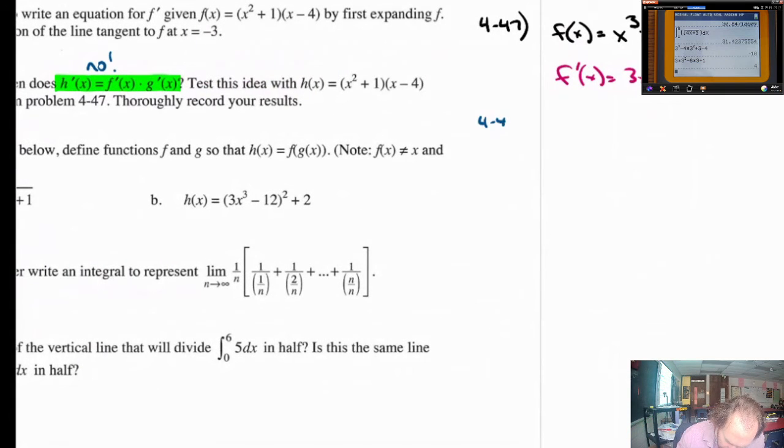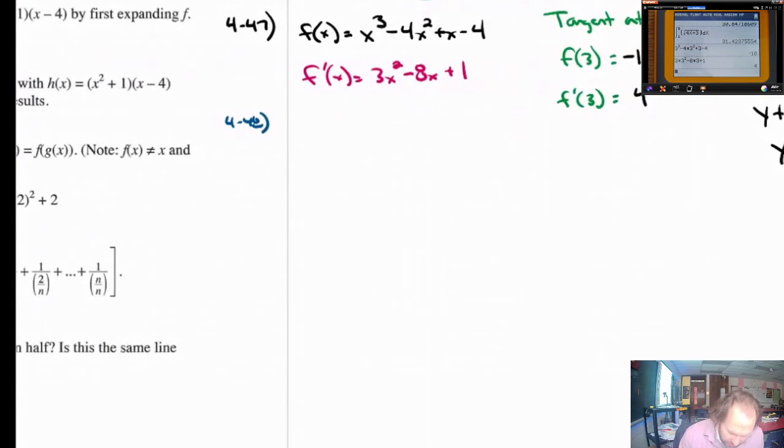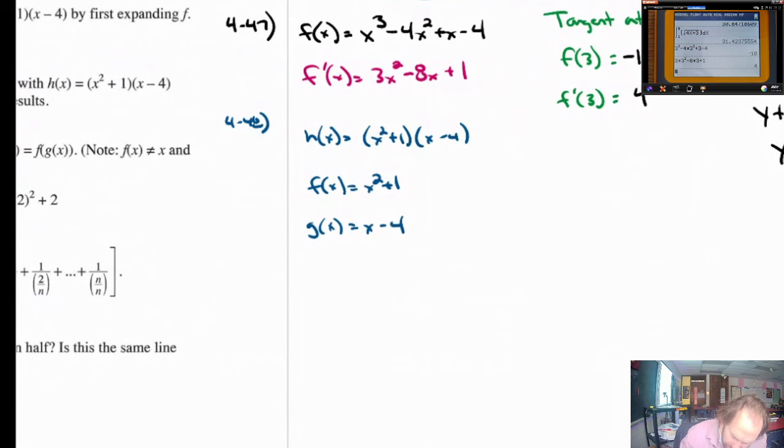This is 448. So we have h of x, which is equal to x squared plus 1 times x minus 4. Let's call f of x the first part of it, x squared plus 1. And let's call g of x the second part of it, which is x minus 4. f prime of x would be 2x, and g prime of x would just be 1.